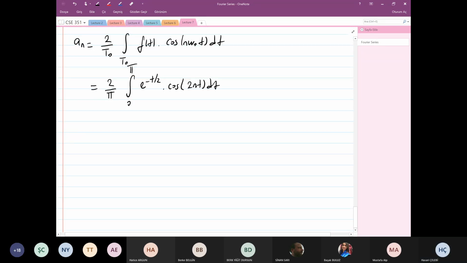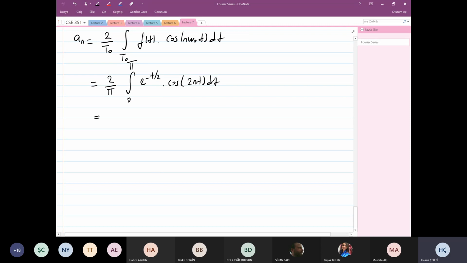I'm not going to solve this. If you solve this, guys, you're going to see that the result is 0.04 times 2 over 1 plus 16n squared. This is my an.